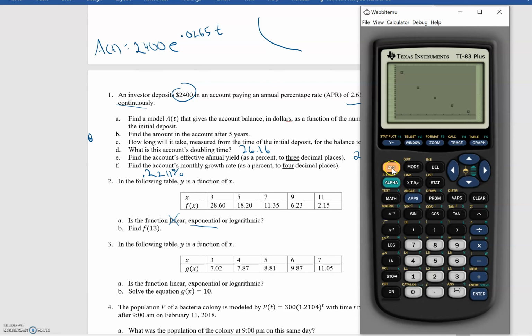And one thing I can do is compare the SSEs of the regression functions. So let's try that. I'll do stat calc ExpReg, L1, L2, vars, y vars, function, y1.